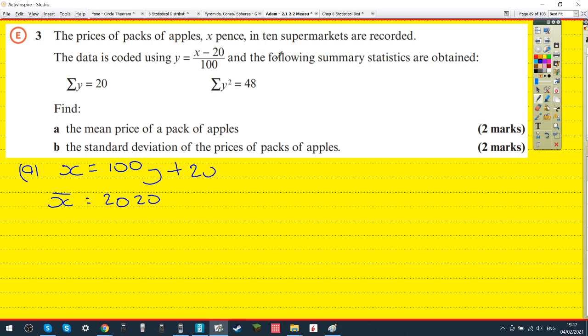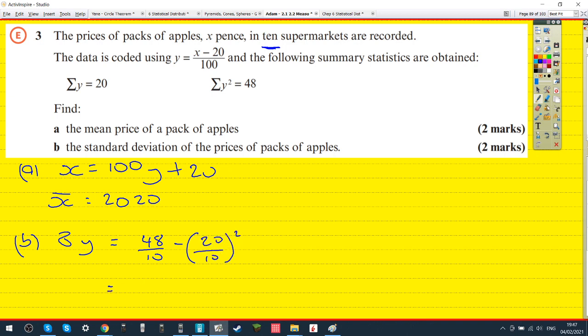N is 10 supermarkets. So what's the standard deviation of y? We'd have to work it out: 48 over 10 minus 20 over 10 squared.